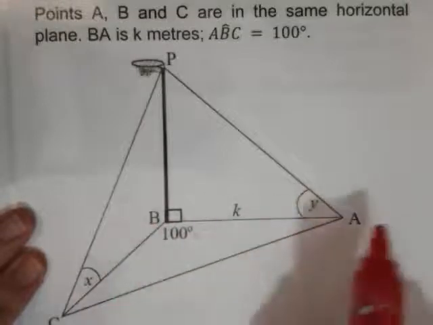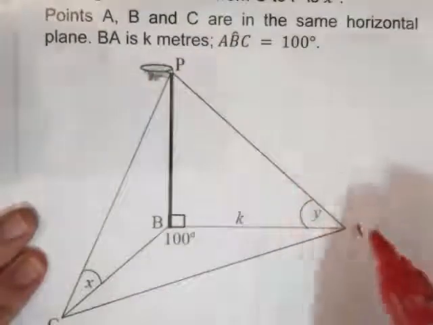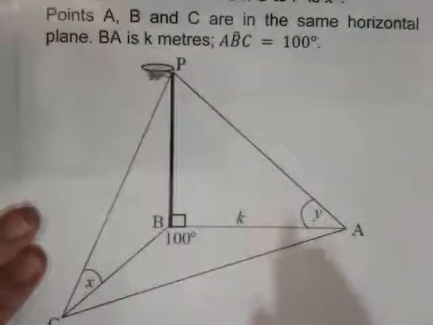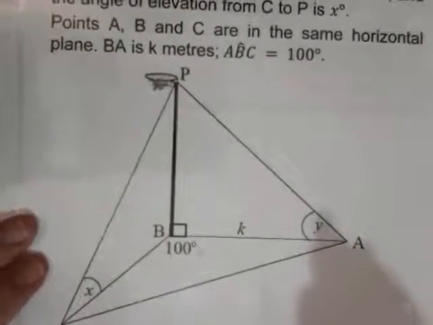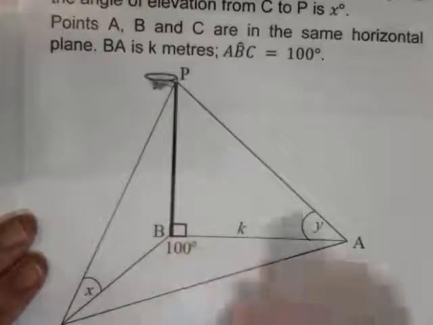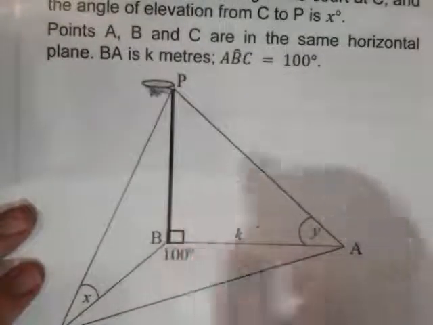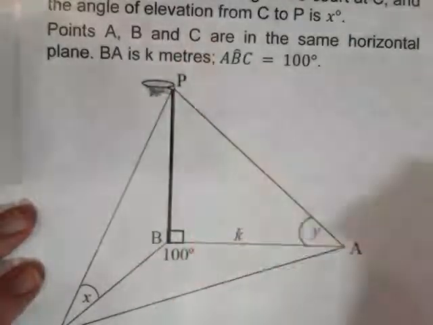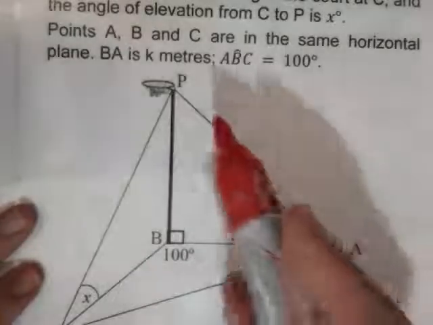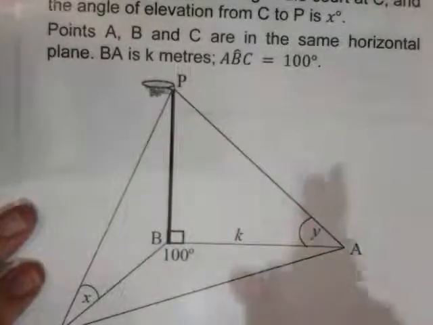BA is K, the angle of elevation from A to P is Y, from C to P is X, and this angle ABC is 100 degrees. They also gave us that angle is 90 degrees, so when we look at that, we have to think, okay, this is a 90-degree triangle, so we can just use sin, cos, and tan.